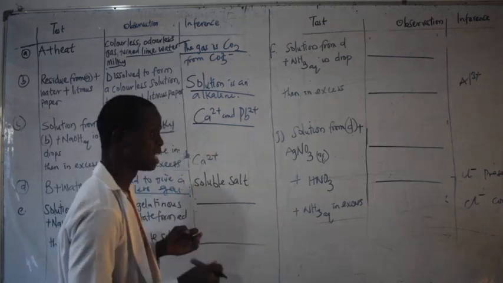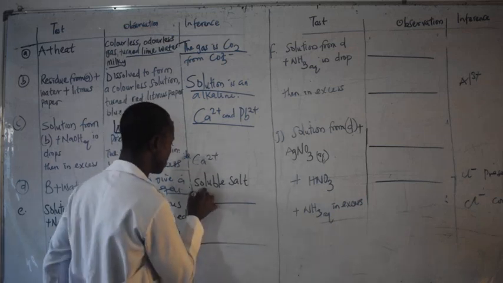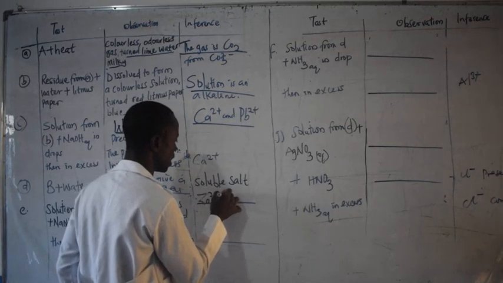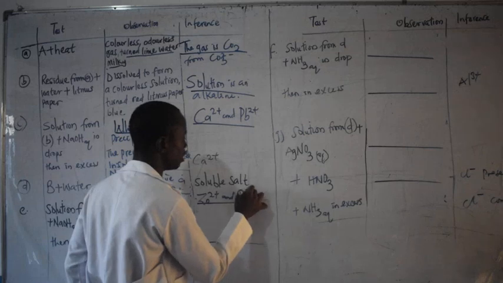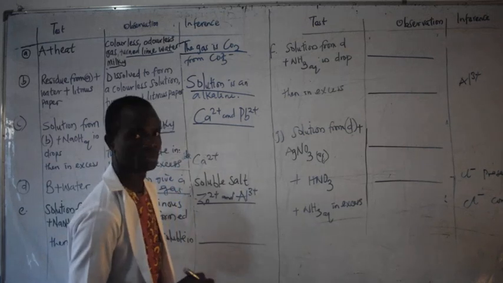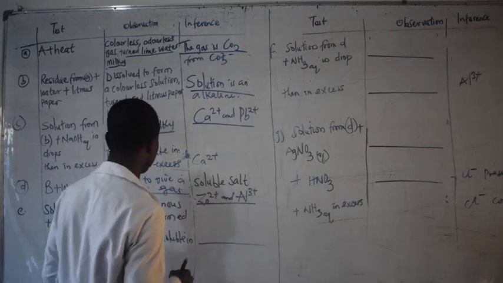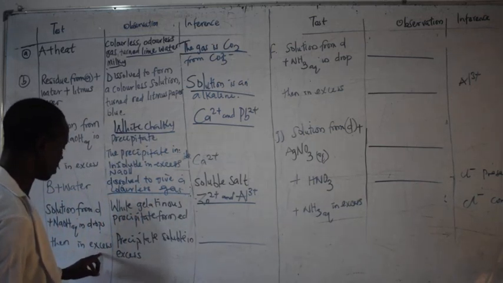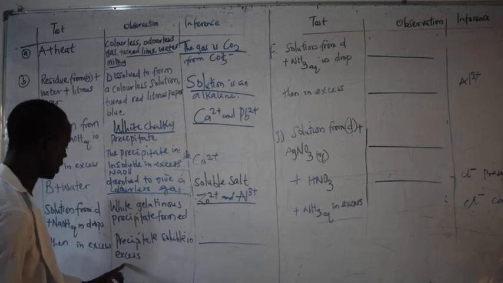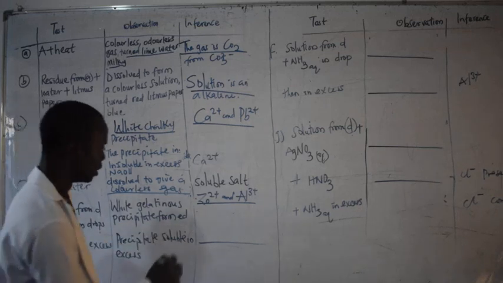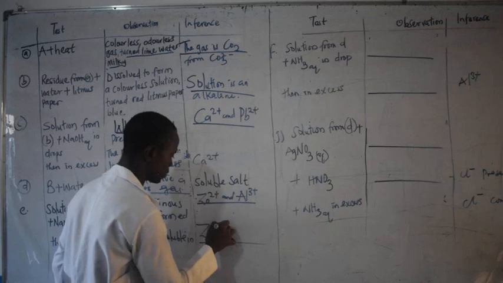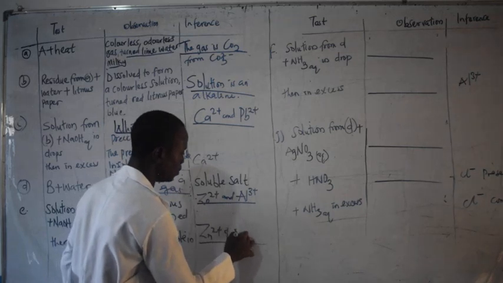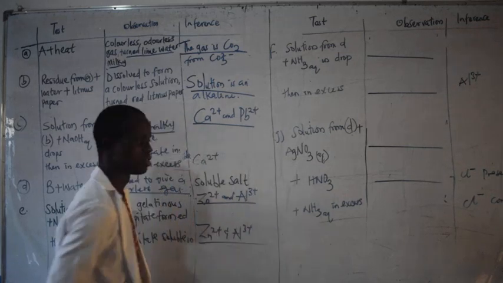The ions that can give us a gelatinous precipitate are zinc ion and aluminium ion. Then in excess, the precipitate is soluble in excess sodium hydroxide. So both of them will still dissolve.